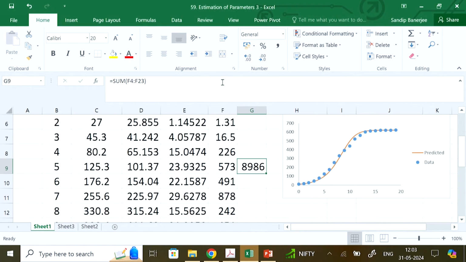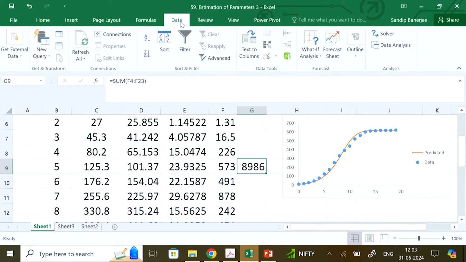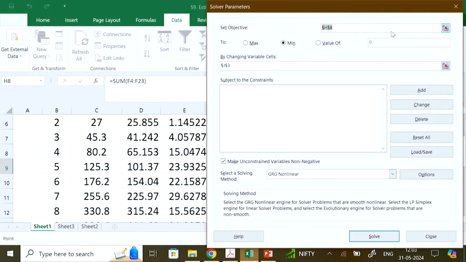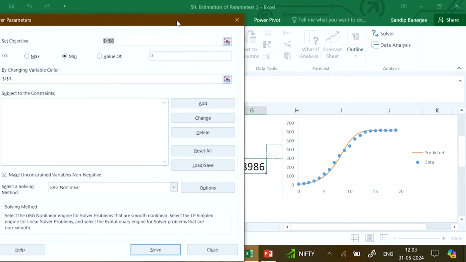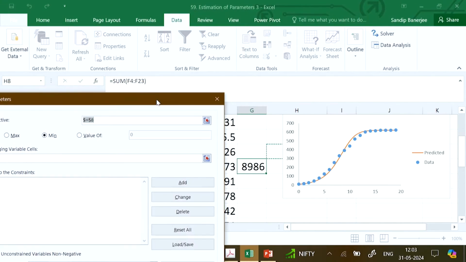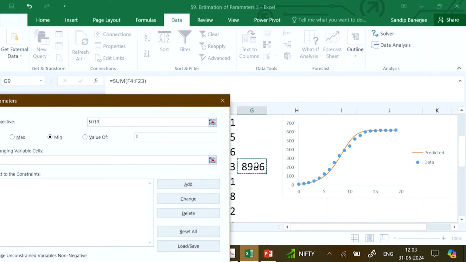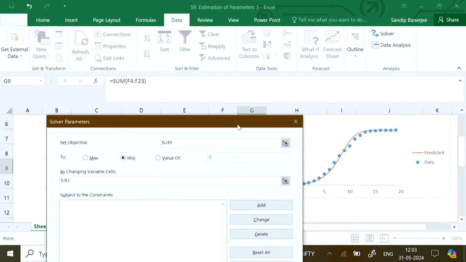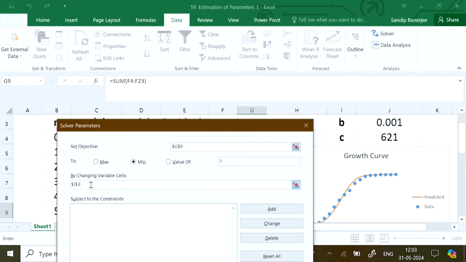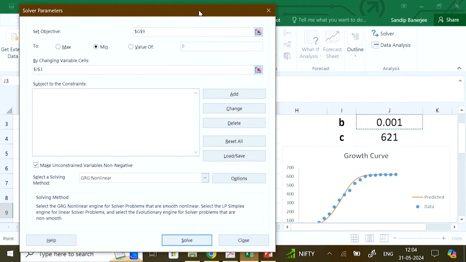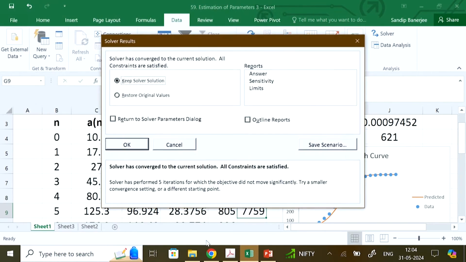But then the technique remains the same. Once you get the sum of the square of the residuals, you have to minimize this. Go to data, go to solver, and then in this objective, I choose this one, which is this cell. I have to minimize, by changing the variable cell, which is B here, and I will click solve.